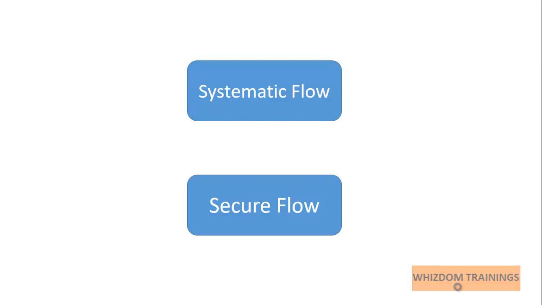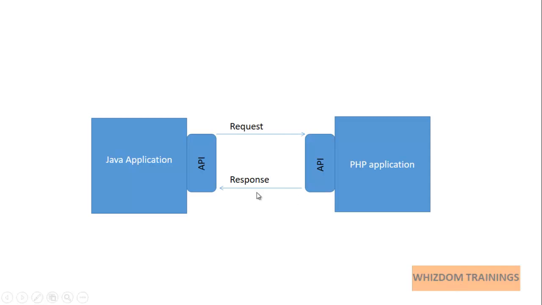But first, let's try to understand what this systematic flow is. Systematic flow is that when one API is requesting something, it's going to write that request in some format. That format should be understandable by the other API. And the response that this PHP application's API is generating should be understood by the API which requested it.